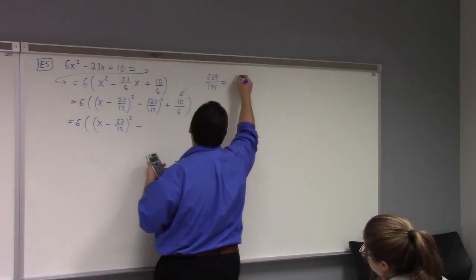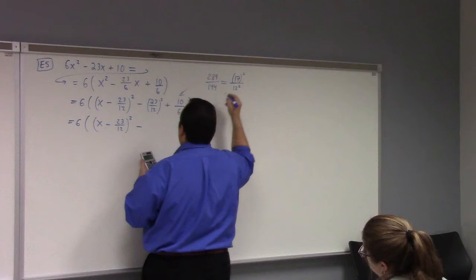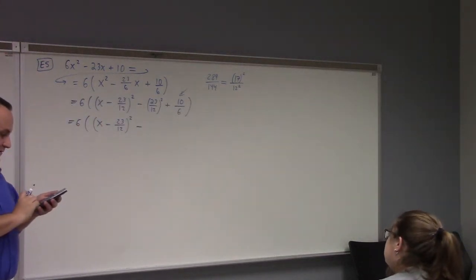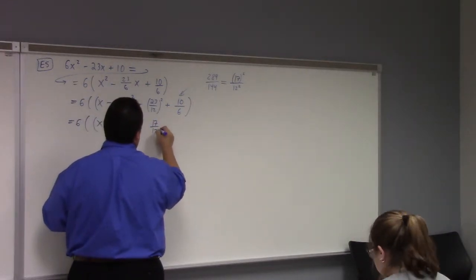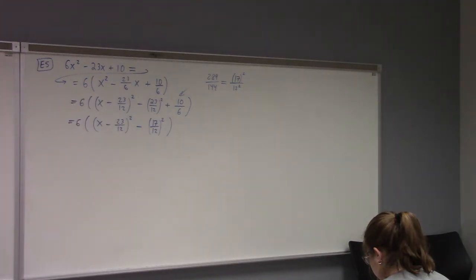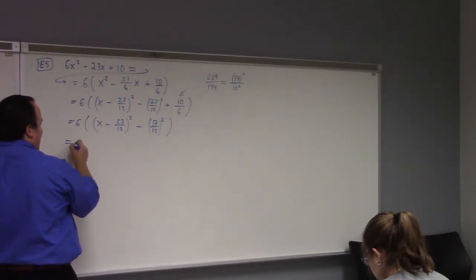That is equal to 17 squared over 12 squared. Let me take the square root of this right quick. Yeah, 17 over 12 squared. So I would strongly advise, if you go down this path, using a calculator to do the fractions, yeah? And now I have the difference of squares, so I can factor it.